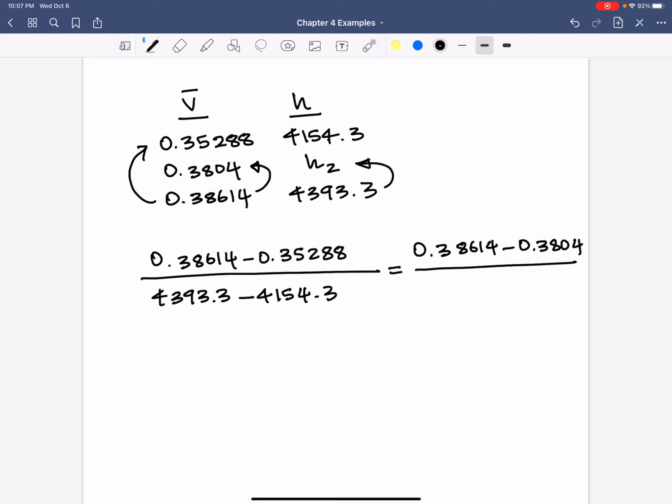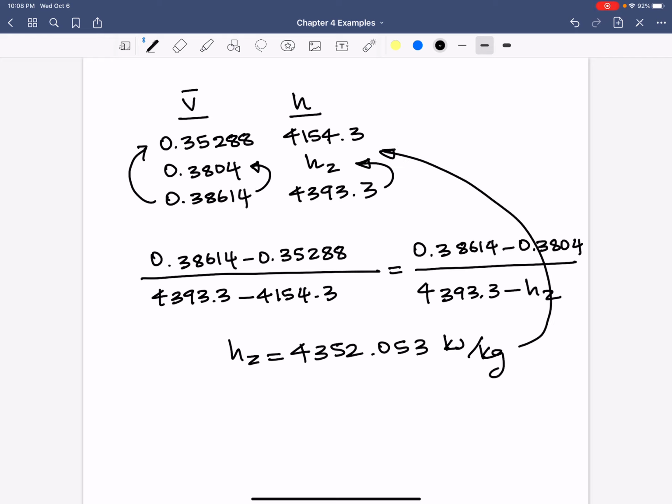Okay, so H 4,393.3 minus H2, and H2 is going to be 4,352.053 kilojoule per kilogram. So the way to make sure you did it correctly, the number should be in between these numbers, right? In fact, that is correct.